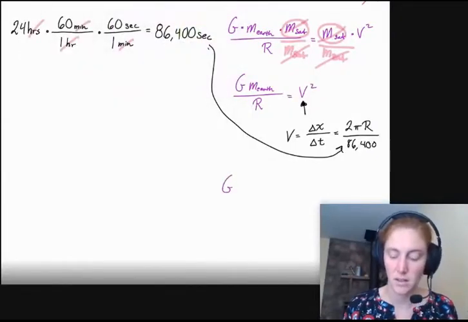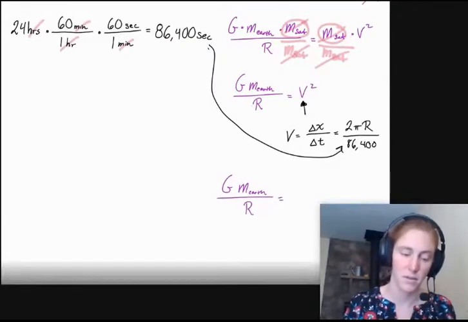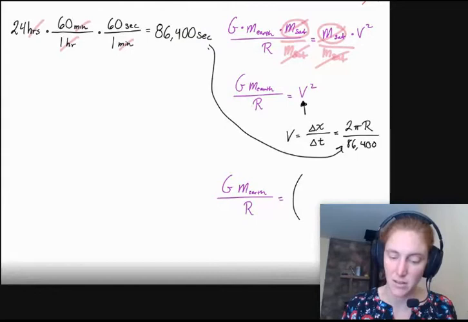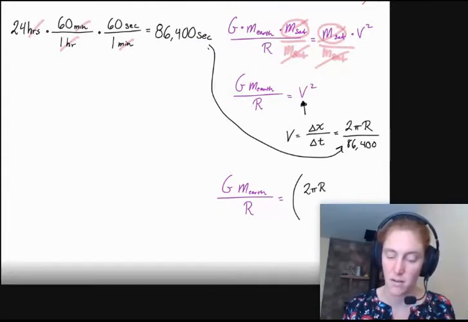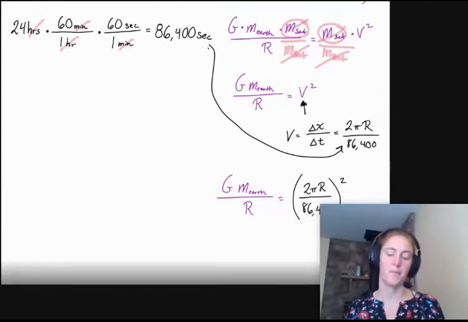So I get G times the mass of Earth over r is equal to, and the most important thing here is I need to remember not to forget to square that velocity. So I'm going to have 2 pi r over the 86,400, and that's going to need to get squared because velocity is squared.